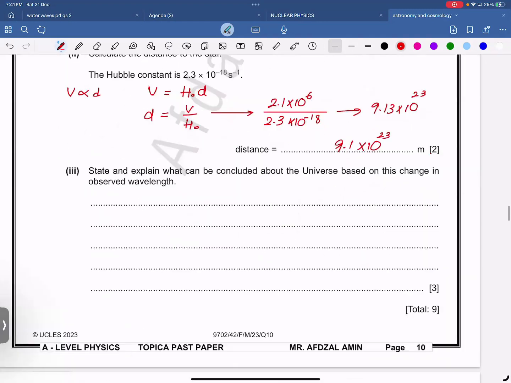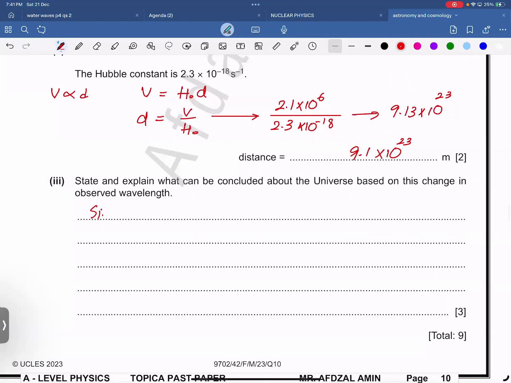So based upon that, the observed wavelength of light from the galaxy, they use the word "is". This light was from where, my dear?